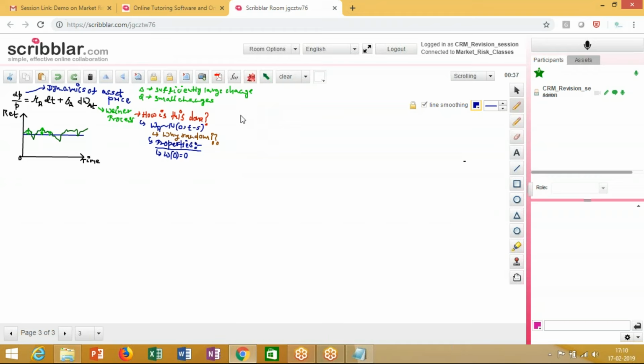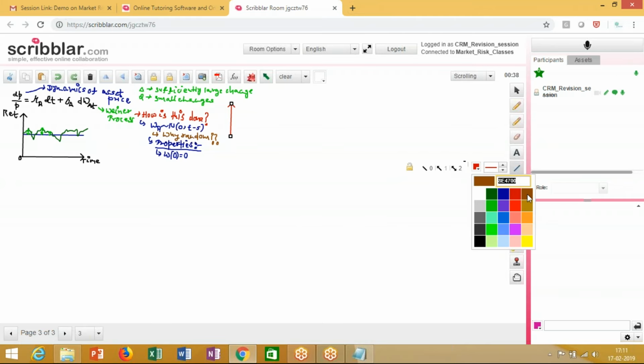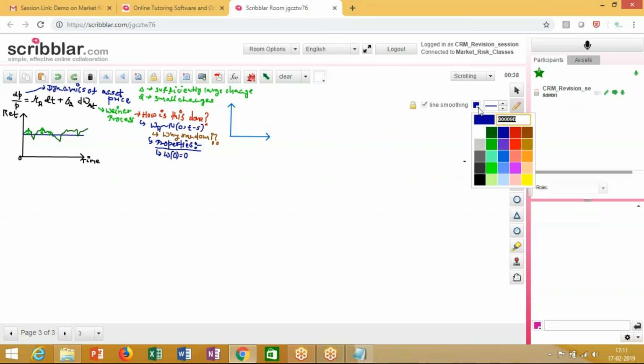So it's something like this. Let's say I'm standing at time 0.